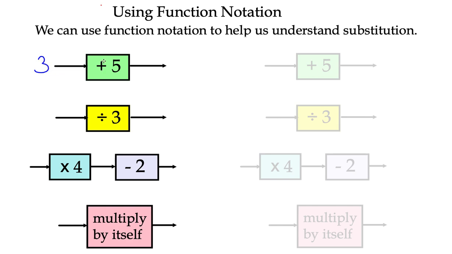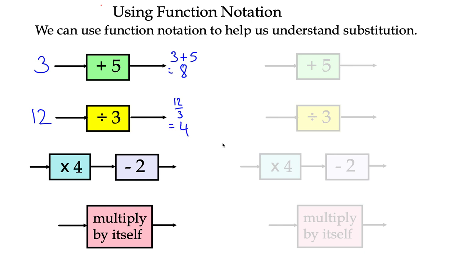So if 3 goes into this function, it says add 5, then what we get out is, of course, 3 add 5, which is 8. And if we put the number 12 into the second function, then the instruction is divide by 3, then in fact the answer is 12 divided by 3, which is 4.